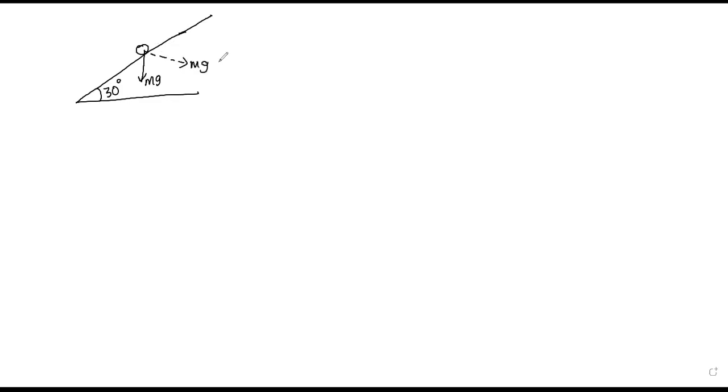This will be mg cos 30 degrees, and this would be the normal reaction, and this would be mg sine 30 degrees. So they are saying that the angle of friction is less than 30.